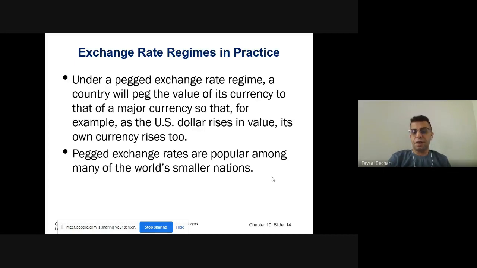Under a peg exchange rate regime, a country pegs the value of its currency to that of a major currency, so that if, for example, the US dollar rises in value, its own currency rises in value. And we brought the example of the dirham in the UAE, where they peg it against the US dollar.